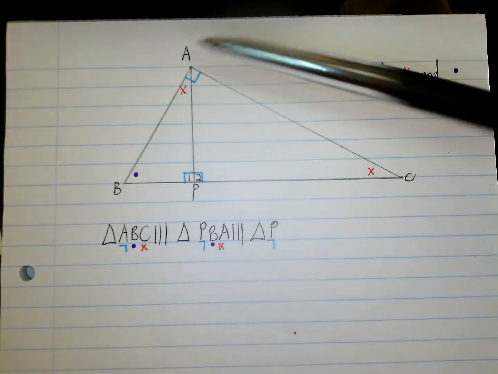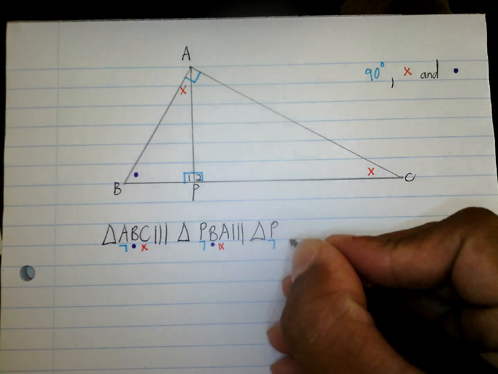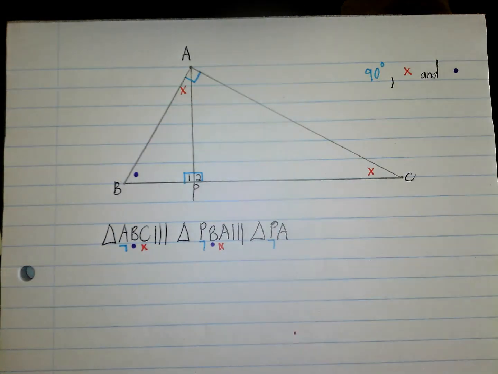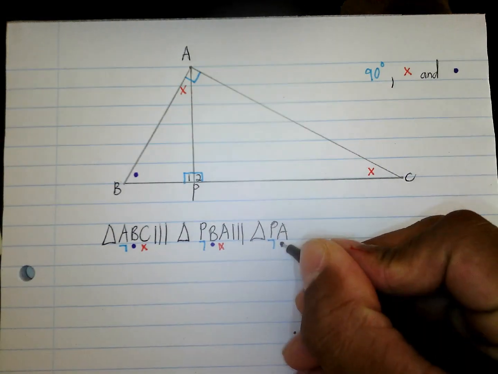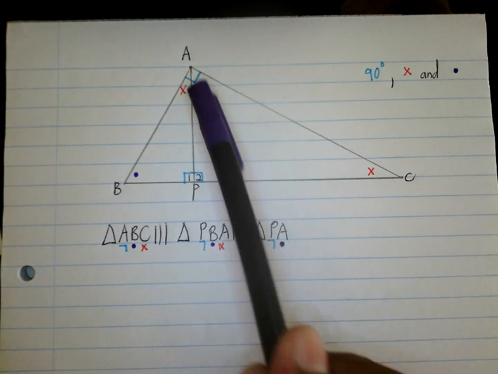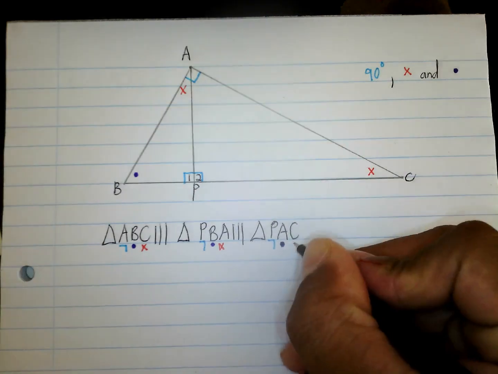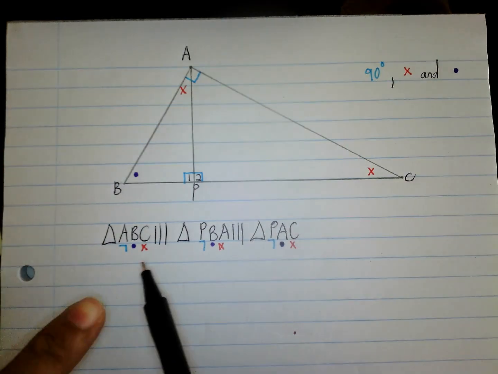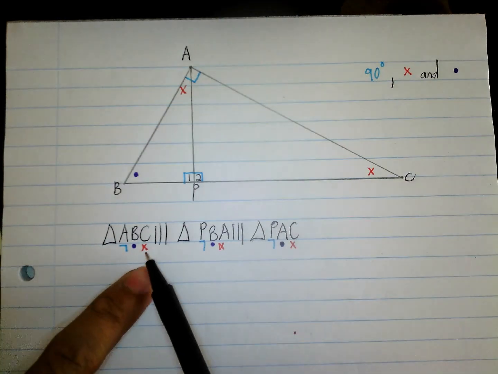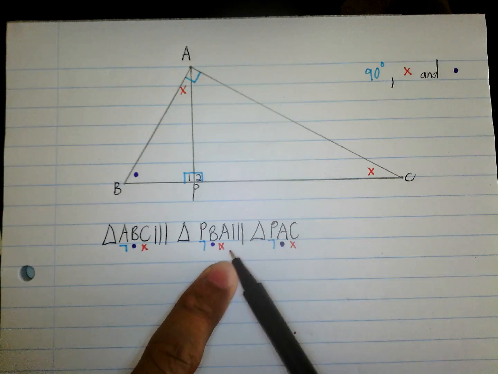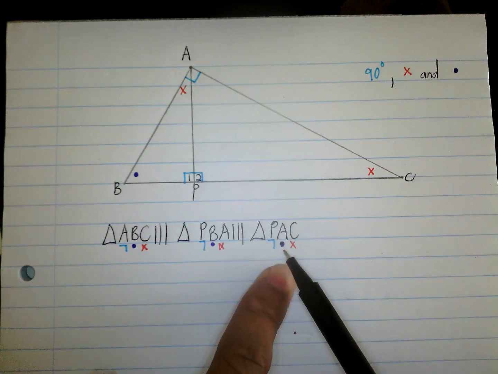So it's going to be A, then C, followed by C. So C is going to be X, right? So you can see that it's going to be angle, closed dot, X, in your 90 degree angle, closed dot, X.